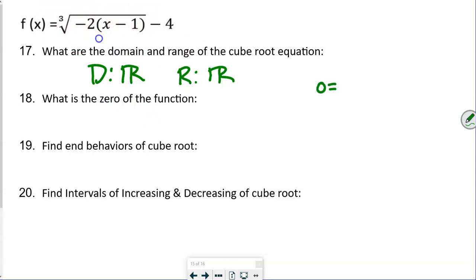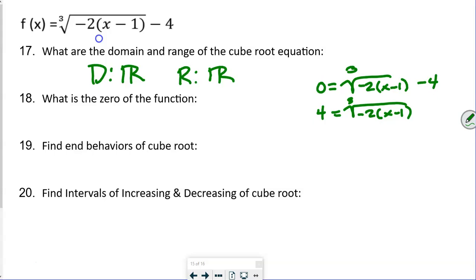0 is equal to the cube root of -2 times (x minus 1), and then the -4. I'm trying to write too fast, y'all. So we're going to add 4 to both sides. That's going to be 4 out here, and then this is going to be -2 times (x minus 1). So again, this is a cube root, so we got to cube it to get rid of that cube root. So we're going to do that to both sides.